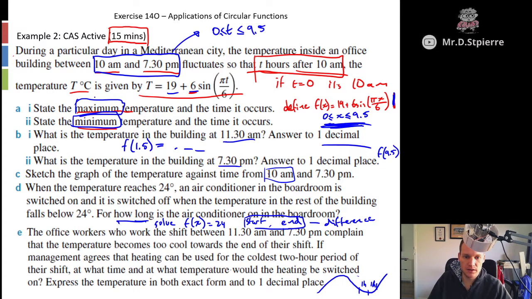And you found the minimum temperature and when the time occurs, so you could use that straight away. 1 hour minus that, 1 hour plus that. And that's when it would be the coldest 2 hour block. You just need to find what time that occurs, which would just be this answer here, minus 1 and also plus 1 for the time. And yeah, that would be it.